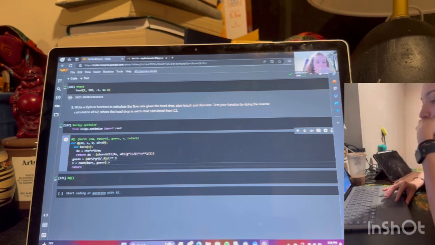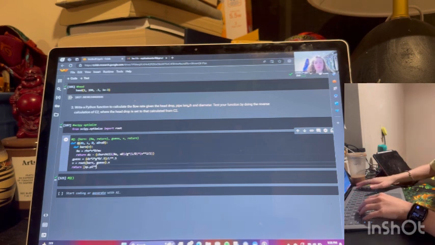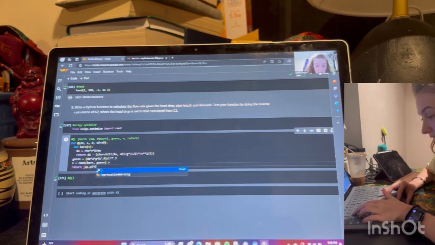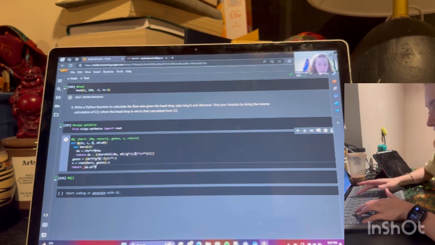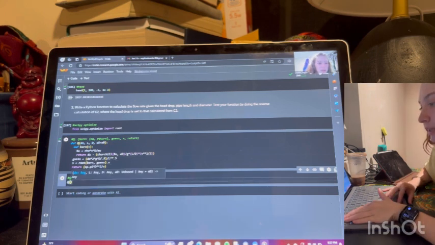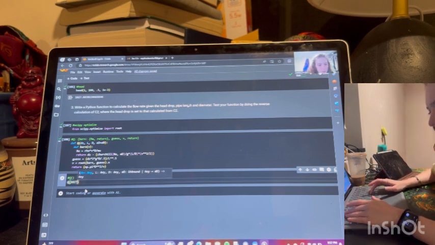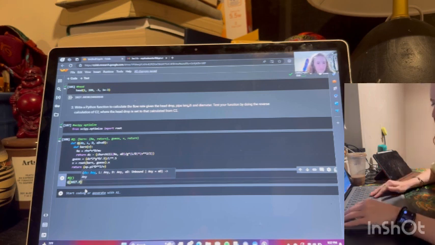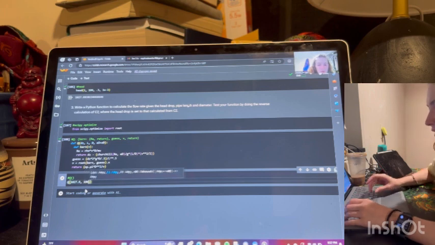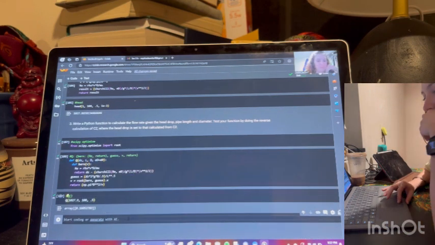And then we'll be returning np.pi times D, and then we do our Q and we plug in what we found earlier for our Q, and that's going to be 1027 point, we're going to round to 9, and then the length is 100, and our diameter I think is 0.5.